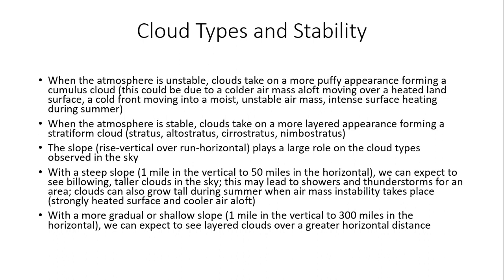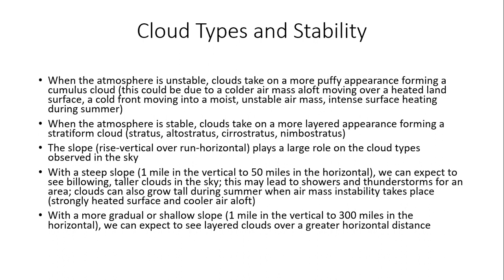Right, so the slope. I want to talk a little bit about slope. Slope is basically rise in the vertical over run, which equates to the horizontal. The slope of a front, for example, is going to play a large role in the cloud types observed in the sky.